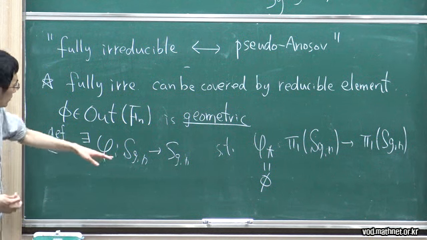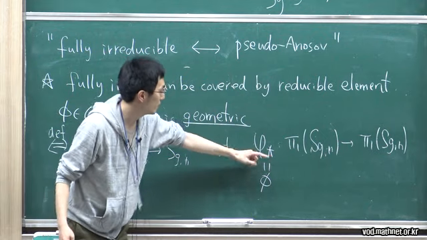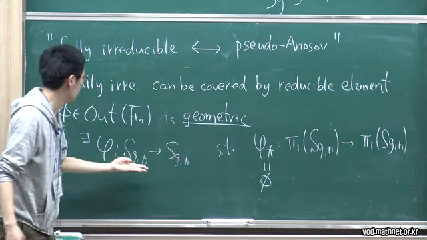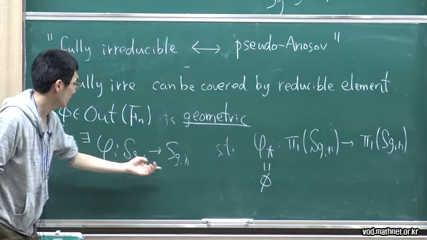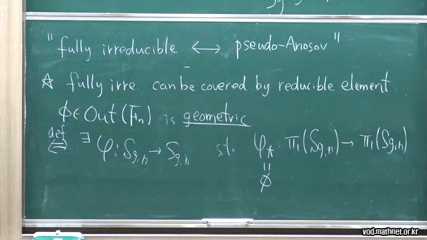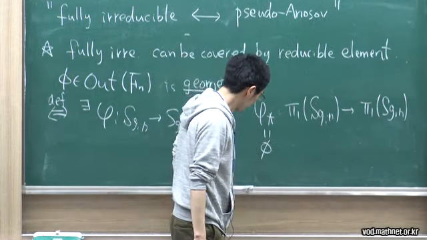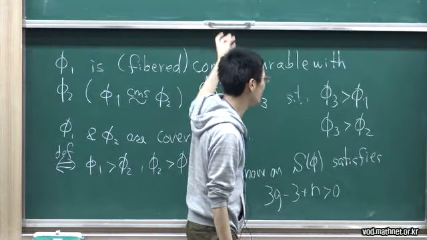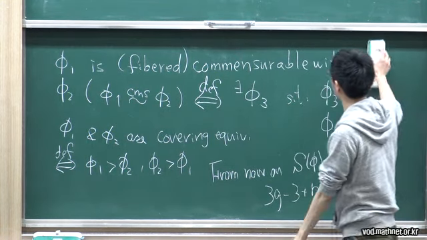And after you get several punctures, this map must preserve the conjugacy classes of the free factors corresponding to the punctures, so that can't be irreducible. So a geometric free irreducible element can be covered by a reducible element. For this reason, I would like to think about the non-geometric case.